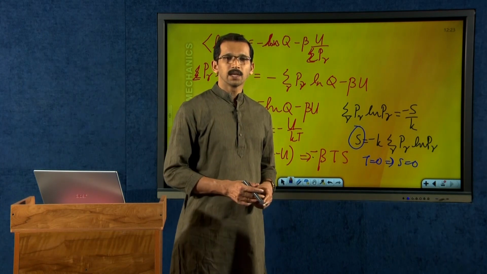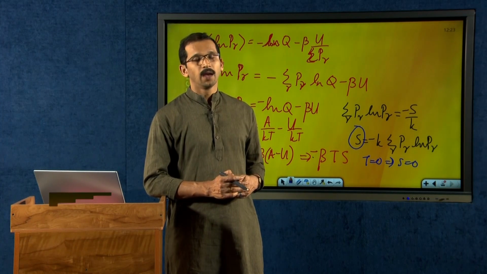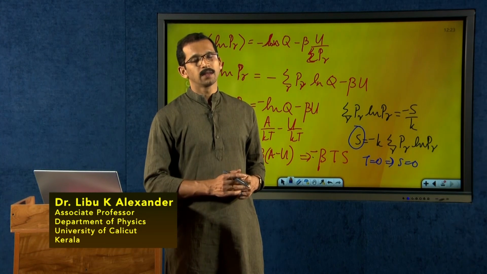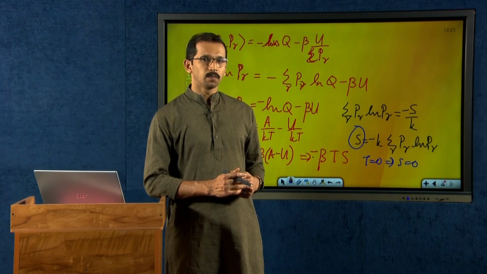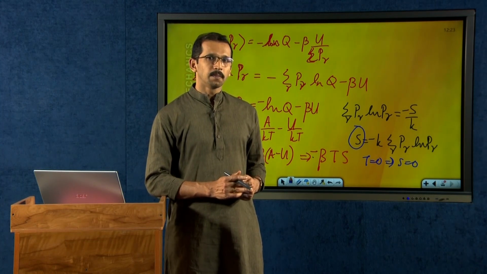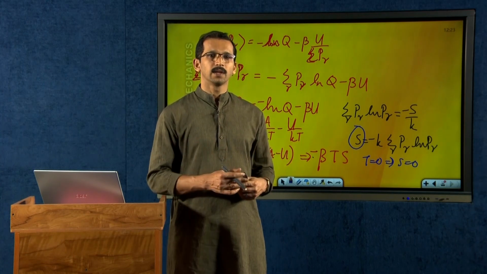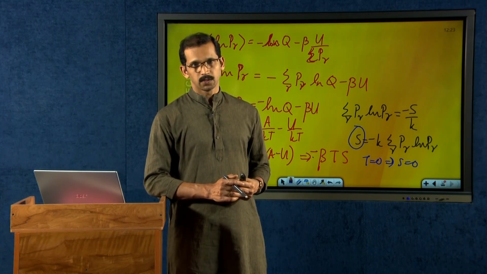So, we have seen how we define the partition function of a canonical ensemble, and also how we calculate or evaluate the entropy of a canonical ensemble based on the partition function. Now, our task should be to take up examples which are more connected with real world systems, which we will be trying to do in the coming episodes. Thank you.